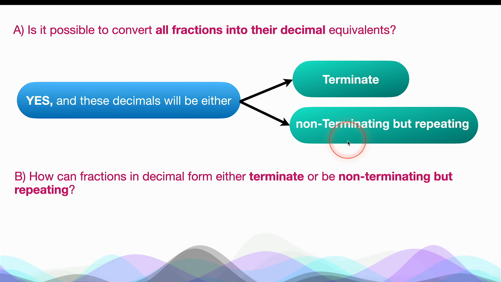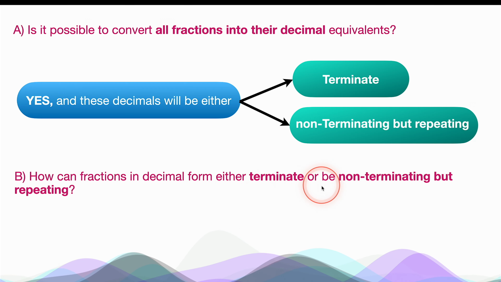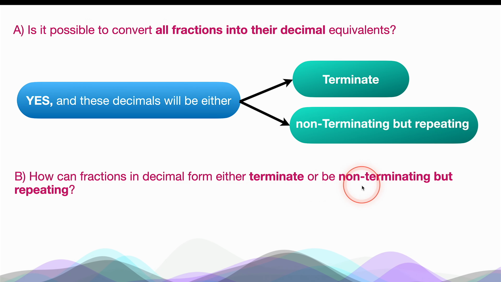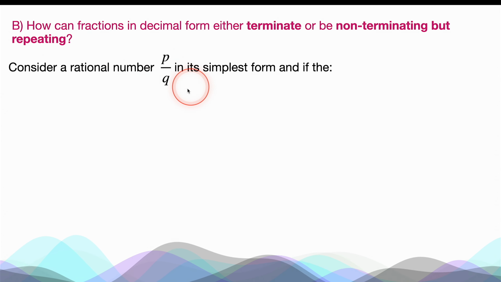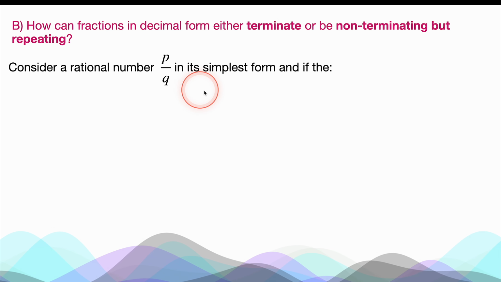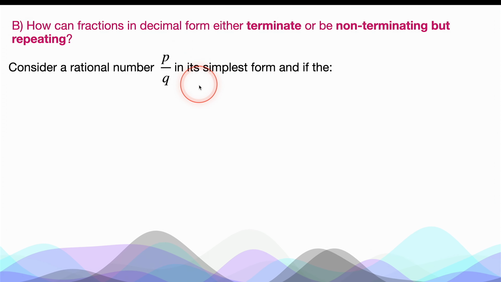Second question: how can fractions in decimal form either terminate or be non-terminating but repeating? So let us consider a rational number p by q in its simplest form. That means p and q are coprime.